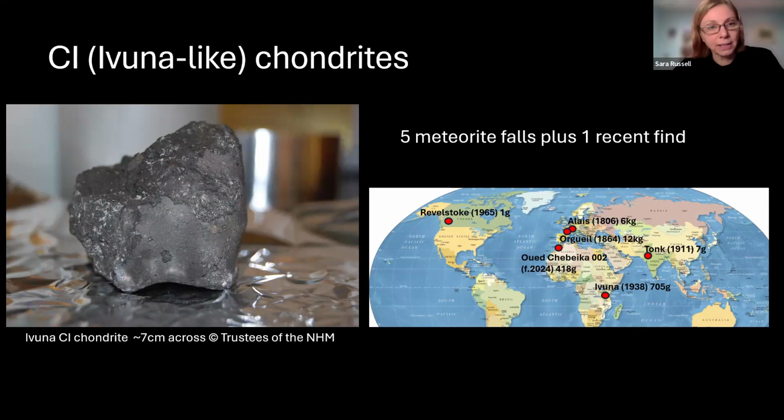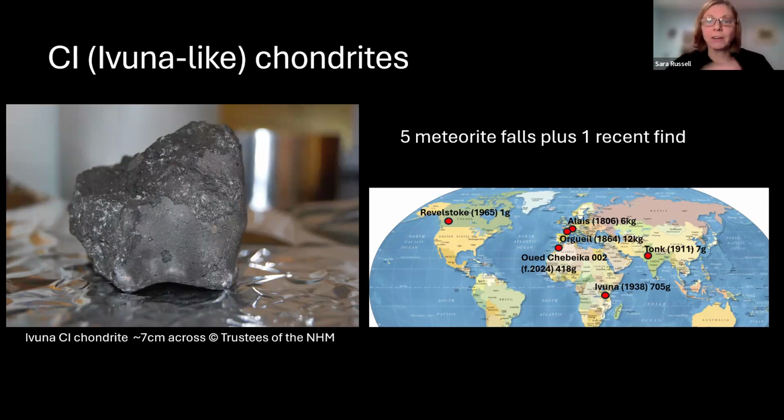You can see the rock is made of a fine-grained black material with some white efflorescence on the surface. There are only 5 meteorite falls that are true CIs plus 1 recent find, and this map shows where they landed.